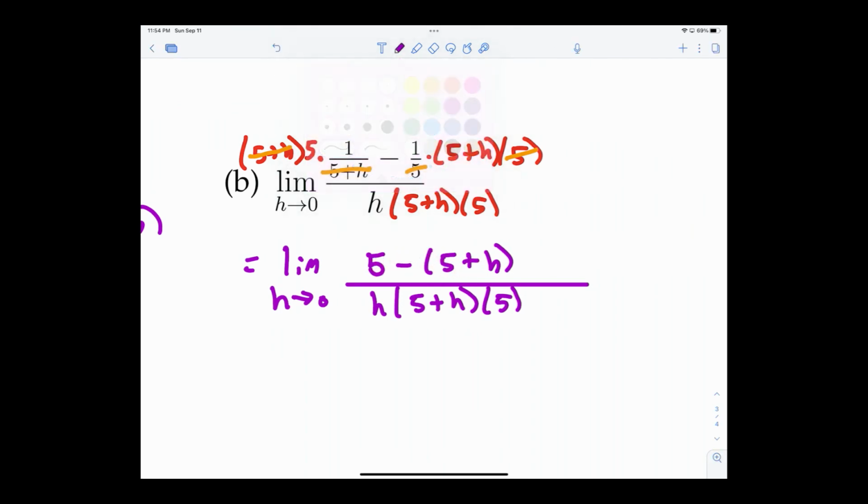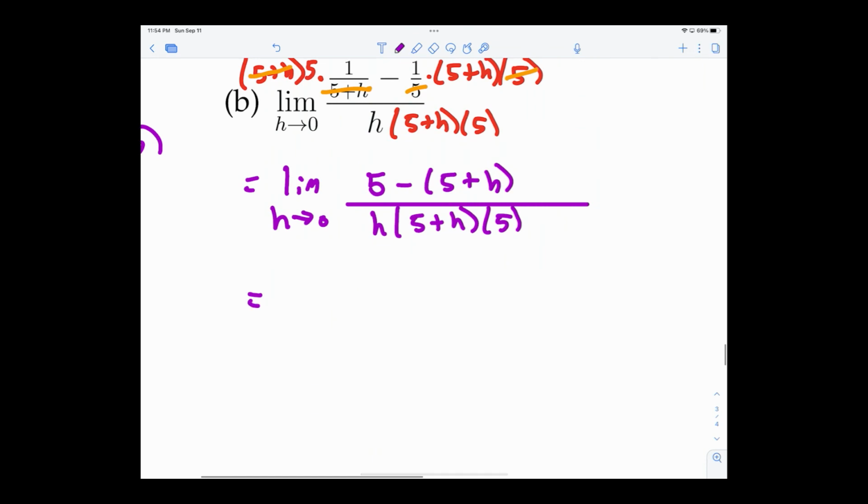Okay, so limit h to 0, we've got 5 and then minus 5 and then minus h.